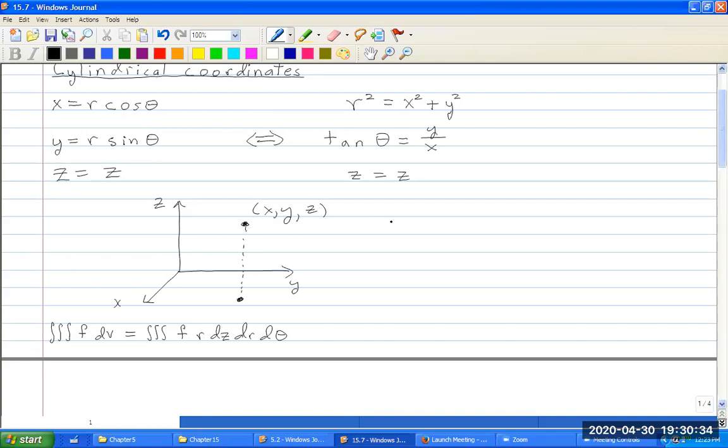In this case, z is going to be the height above, or below, the xy plane. Next, let's do this in red.